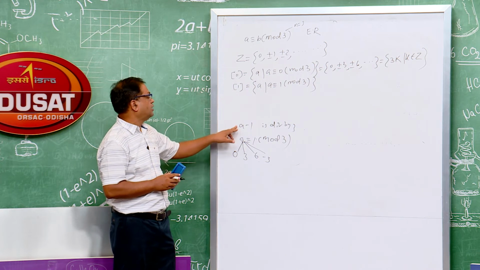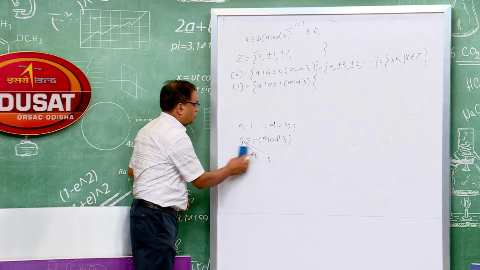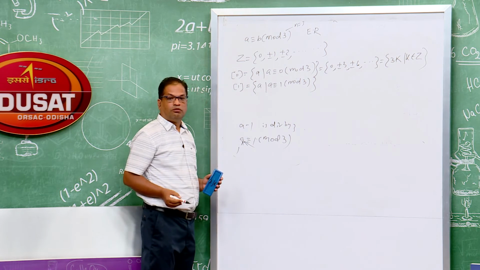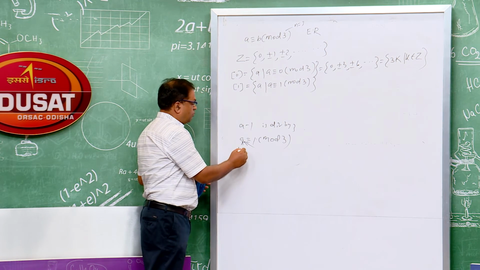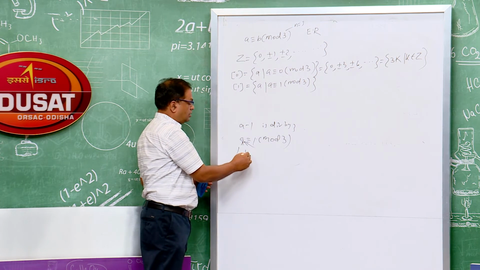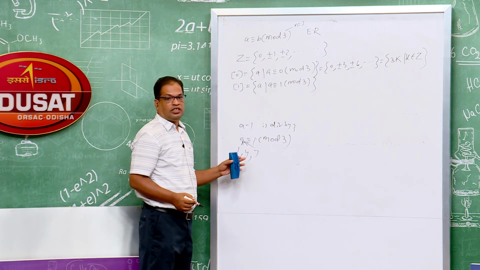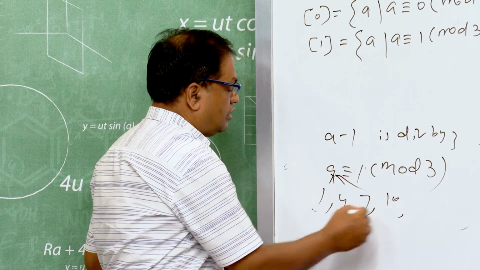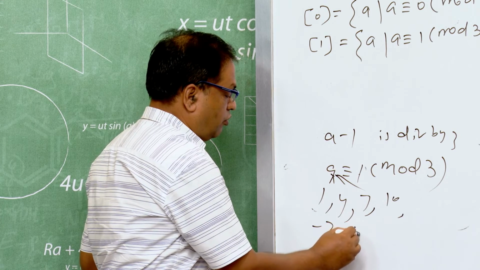So, what will be the value of a? The value of a is 1, 1 minus 1 is 0, 0 is divisible by 3. Also it can be 4, 4 minus 1 is divisible by 3. Also it can be 7, as already discussed in previous slides, 7, 10, minus 2, minus 5, etc.